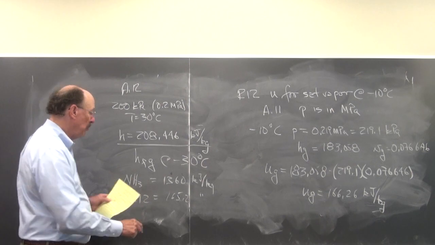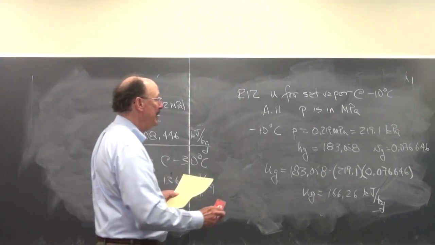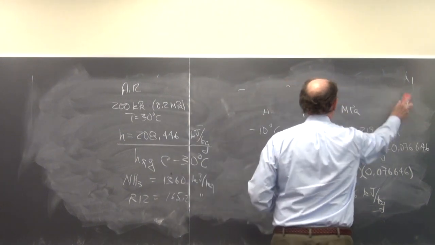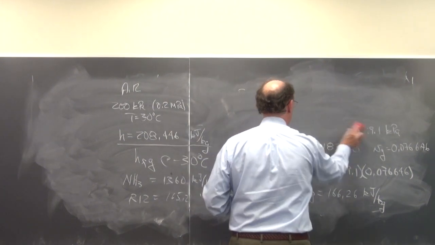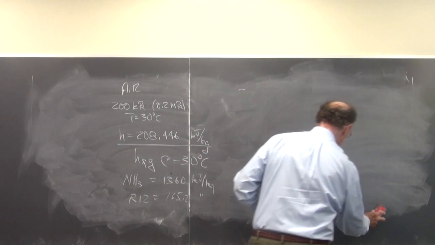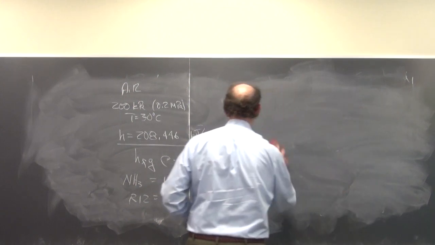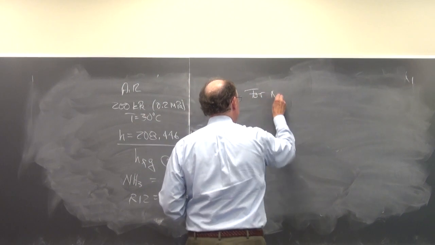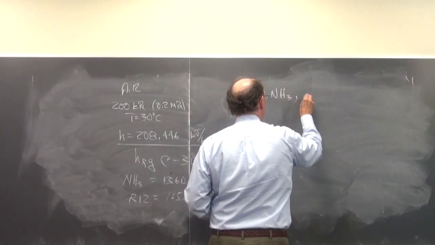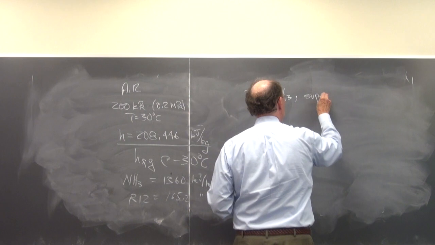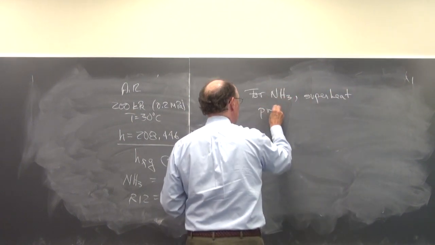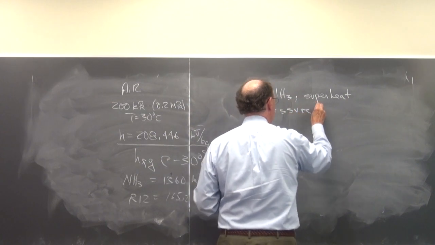And you'll notice for ammonia as well that the superheat tables are arranged in rows and not columns. For NH3 superheat, the pressure is in rows.